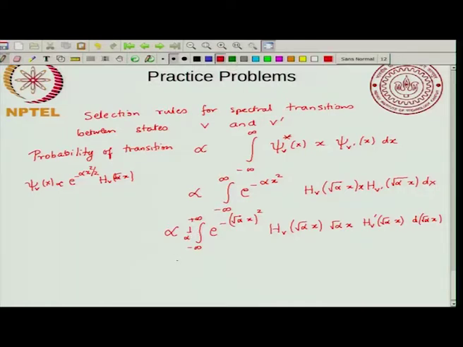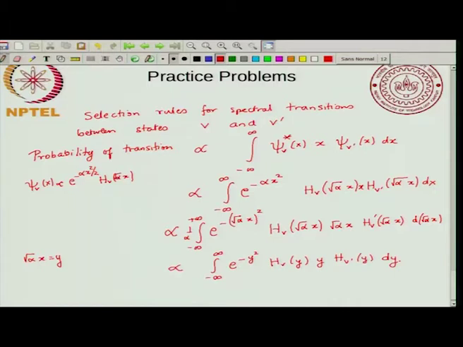Essentially, if I say square root of alpha x equal to y, then this is proportional to the integral from minus infinity to plus infinity of e to the minus y square H v of y H v prime of y dy.